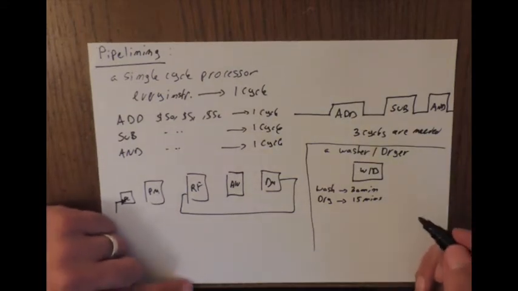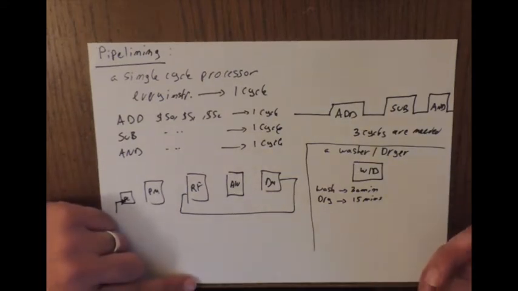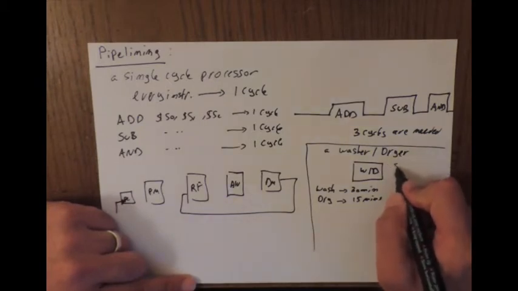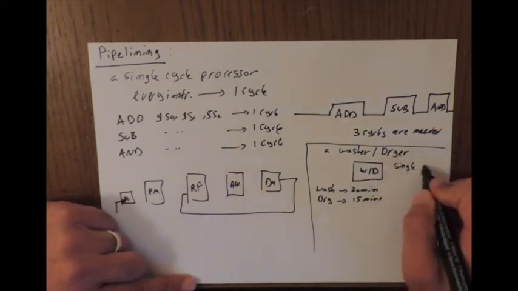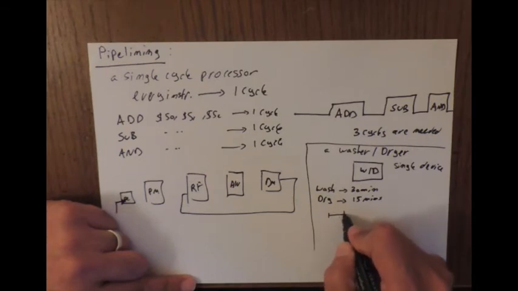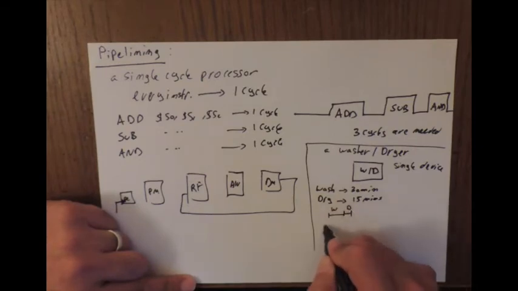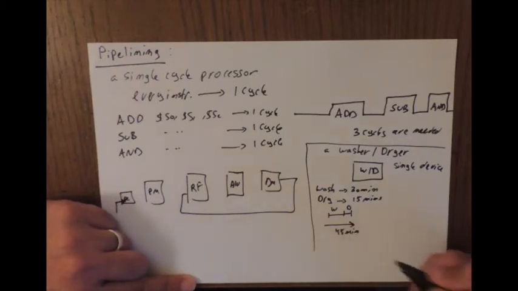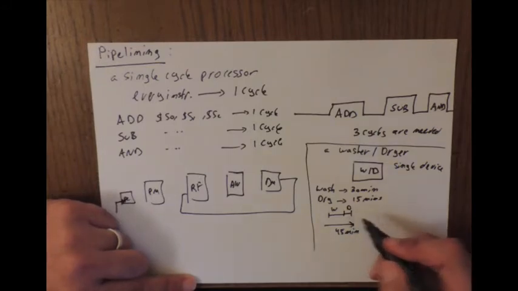So with a wash dry cycle, what happens is that you have a single device. So you cannot wash and dry at the same time, so you need to wash first and then dry, and this takes 45 minutes. Okay, so to do a single wash and a dry.